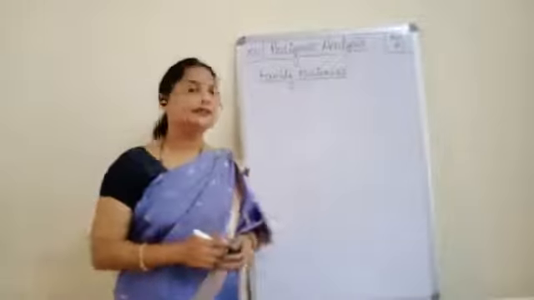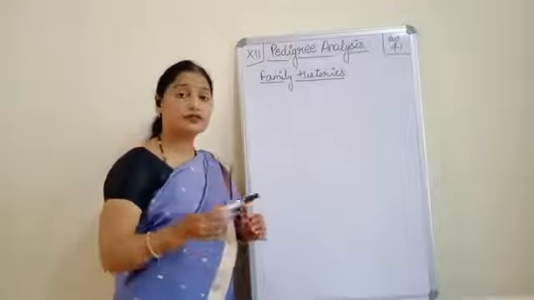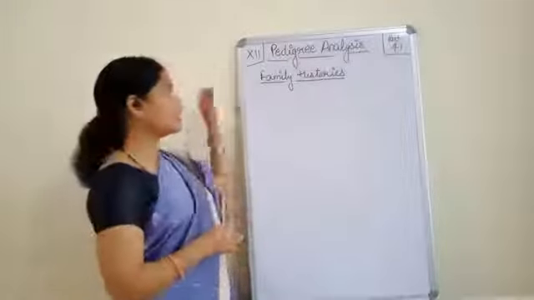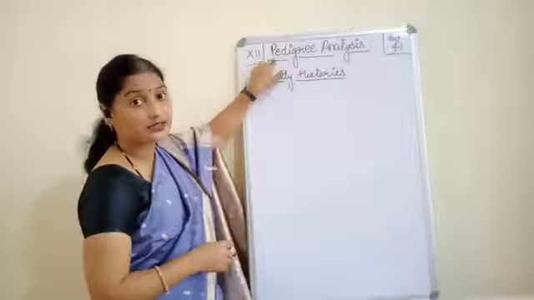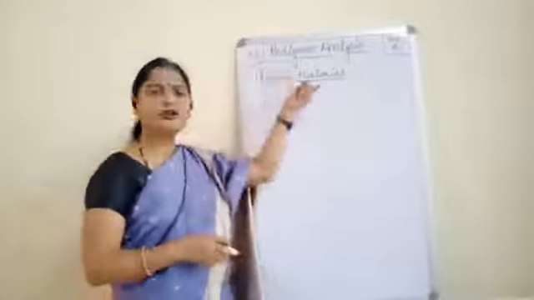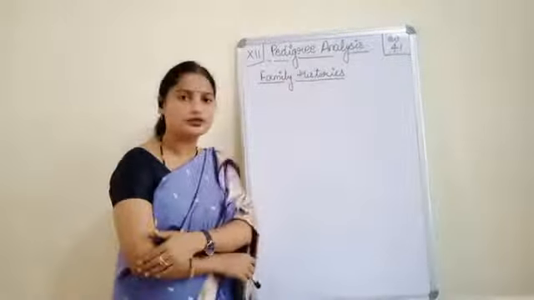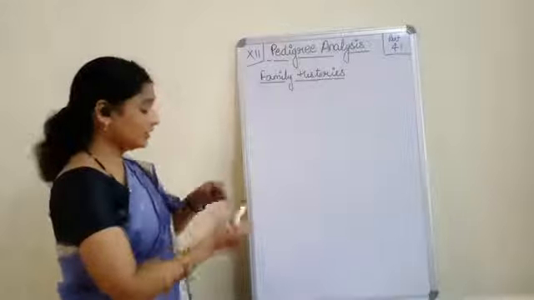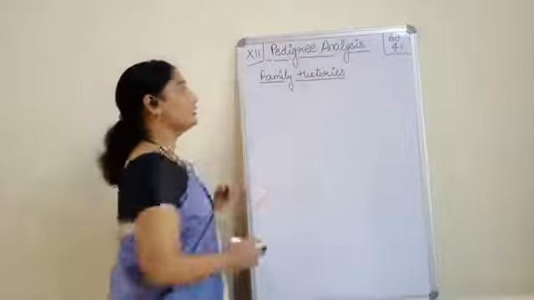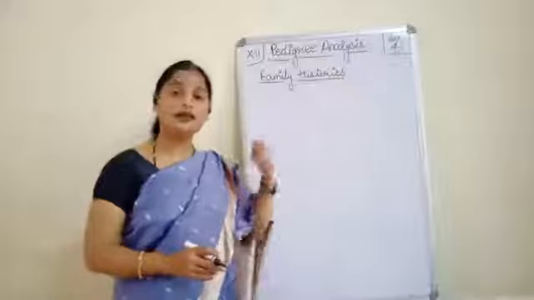See children, this is the last topic of the lesson and the topic is pedigree analysis. I think we have read something about pedigree analysis in class 10th also. The meaning of pedigree analysis is family history.